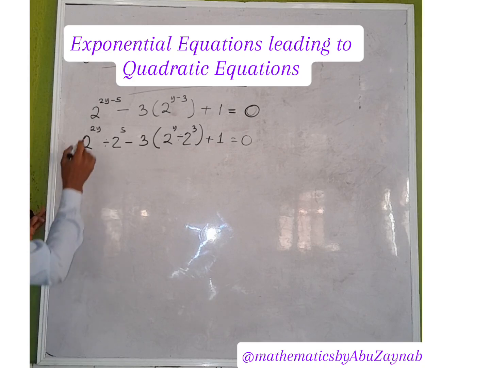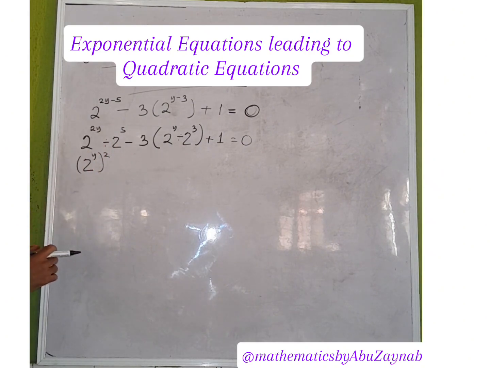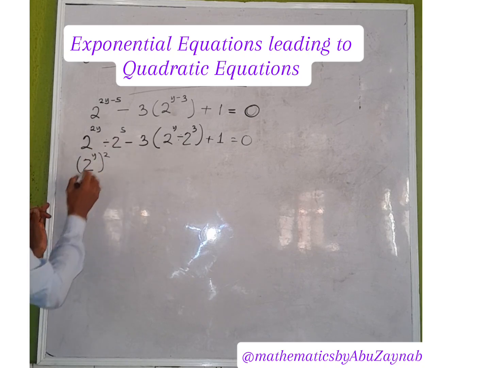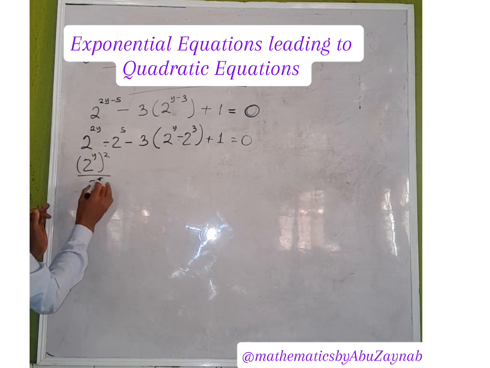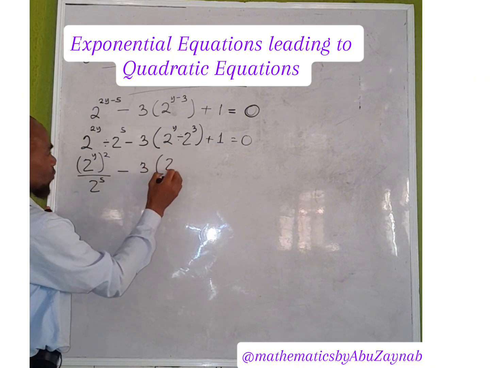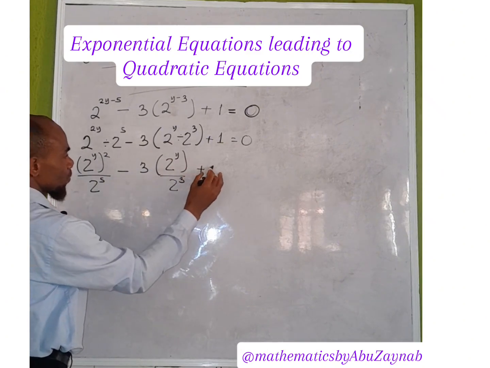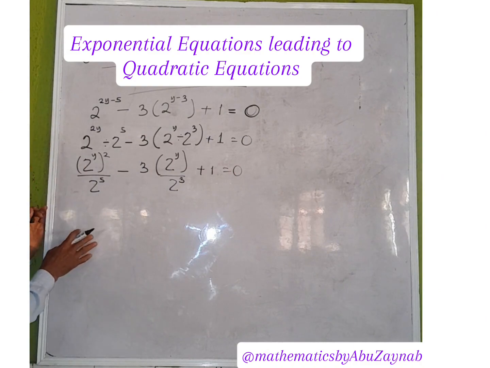Then here we have 2 raised to the power y all squared, by interchanging the 2 and the y, it's commutative, divided by 2 raised to the power 5, minus 3, 2 raised to the power y divided by 2 raised to the power 3, still plus 1 equals 0.